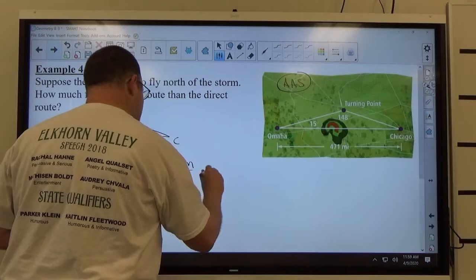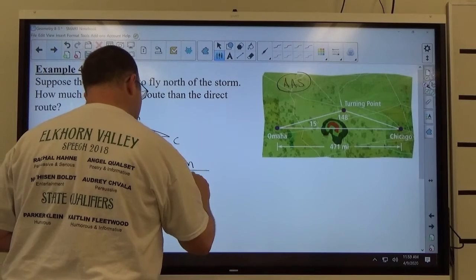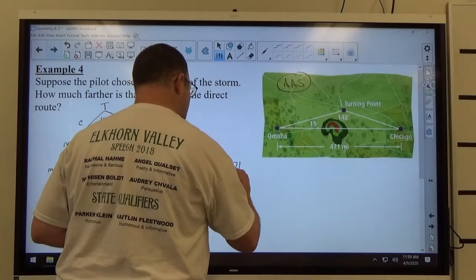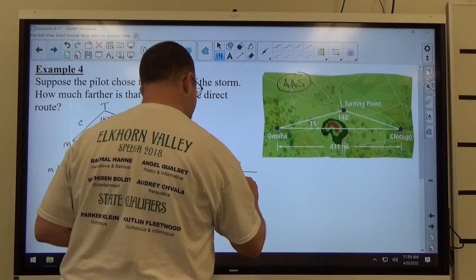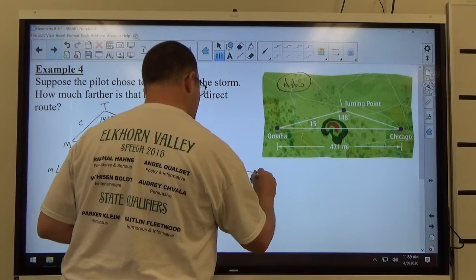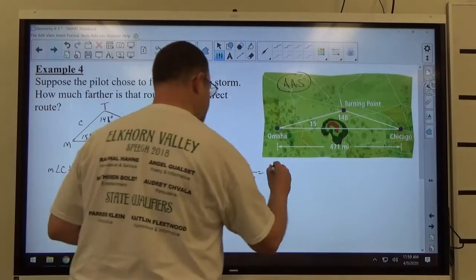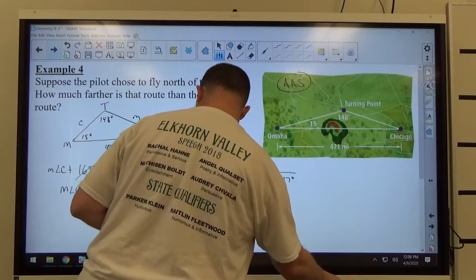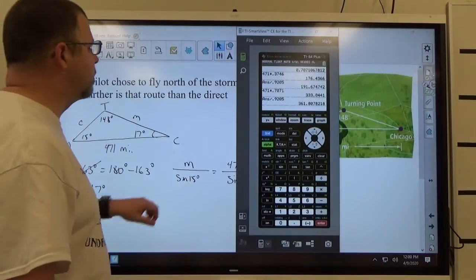Little m over sine of 15 equals 471 over sine of 148 equals little c over sine of 17 degrees. Calculator evaluates those for me.